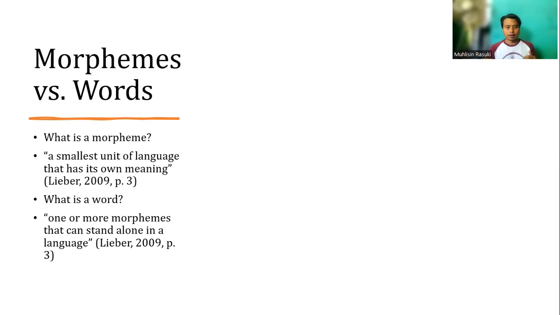A word is one or more morphemes that can stand alone in a language, meaning that it has meaning although it is not used in a complete sentence, like for example go, do, and watch. So based on these two definitions, what constitutes a word must constitute a morpheme, but what constitutes a morpheme does not necessarily constitute a word.